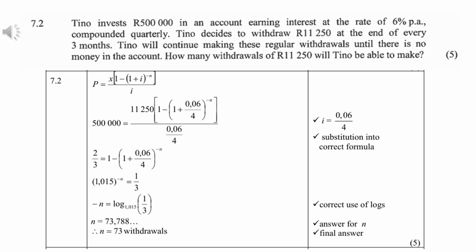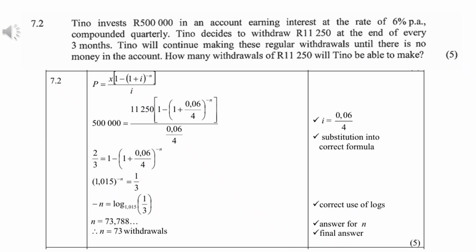So x is 11,250. That is what they withdraw every 3rd month. Then of course 1 minus 1 plus, and 0.06 comes from 6% divided by 100, and again divided by 4, because remember it's quarterly. So again the same i, 0.06 over 4. Then the rest is just calculator work. You just need to go through all the motions. Remember we want n, so that will involve logs.